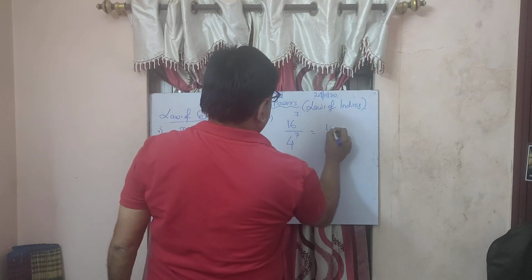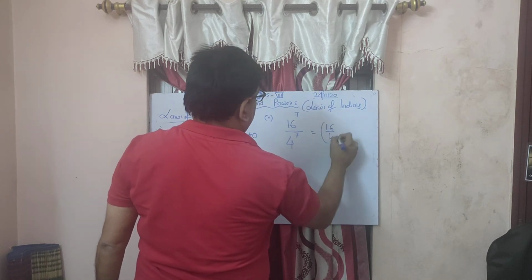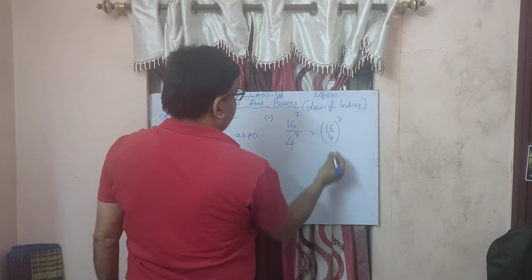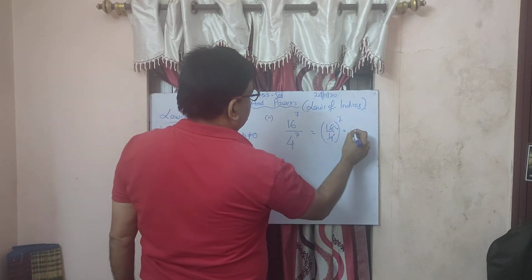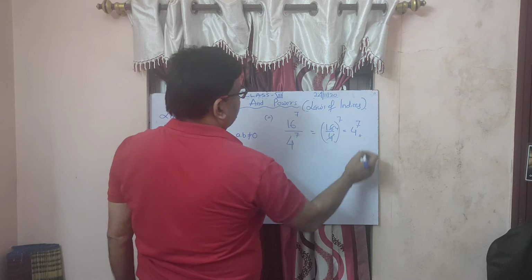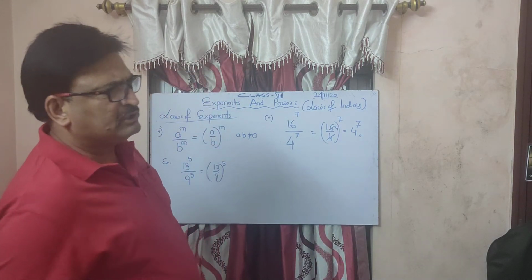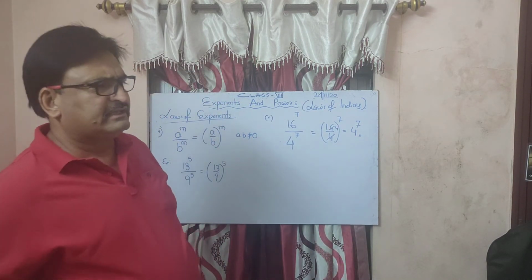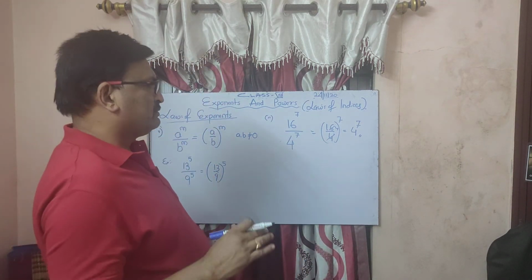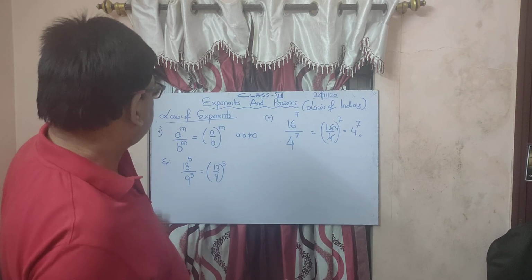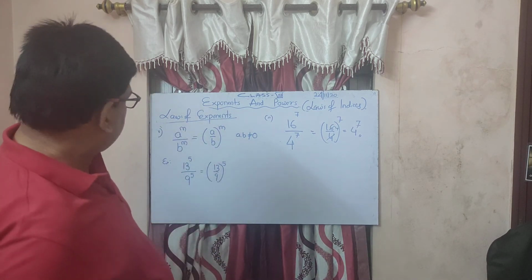So in that case, what do you do? 16 upon 4 to the power 7. And if it is possible, you can cancel it. 4 ones are 4, 4 fours are 16. So the answer is 4 to the power 7. And if it is not possible to cancel it, keep it as it is. No need to think about what we have to do. So this is all about the fifth law.